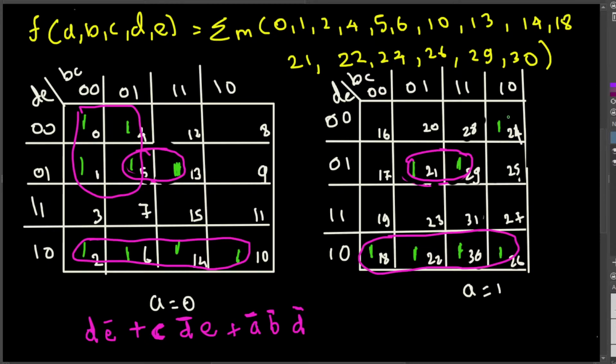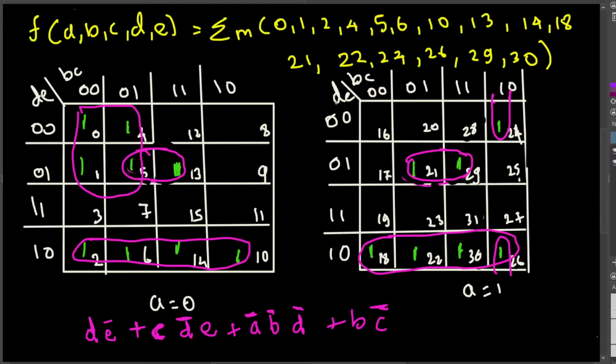And here we have just one left right here. Can I connect this one with anything else? The bigger one I can make from this one is 2, because if I connect this one and this one, it's going to be 2 right here. And for this one, this is in the same column. Here B is 1 all the time because it's in the same column, so B is going to be there. And then C is also not changing, C is 0 all the time, so C is going to be there. And since C is 0, I put a not for that.